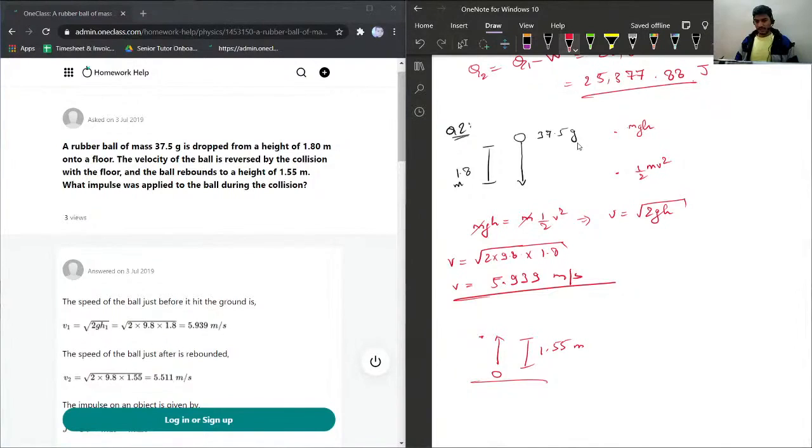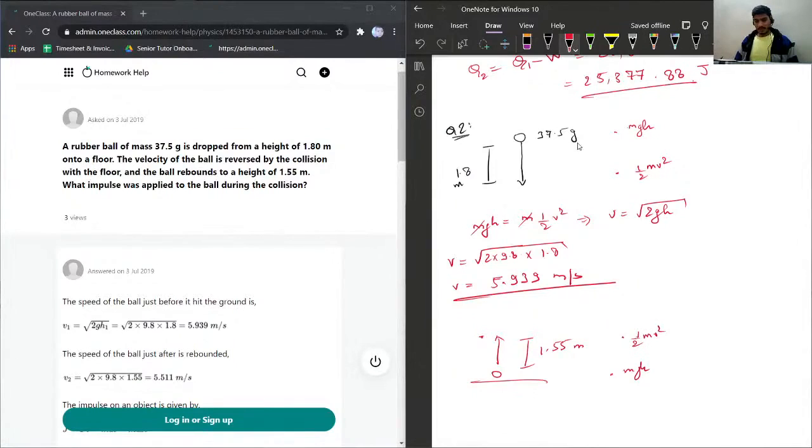At this point the ball has potential energy mgh, the gravitational potential, but here it is in the negative side, and the ball is overcoming the gravitational force in moving upwards.